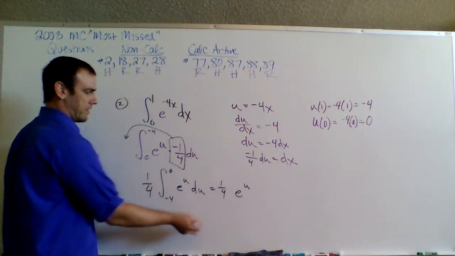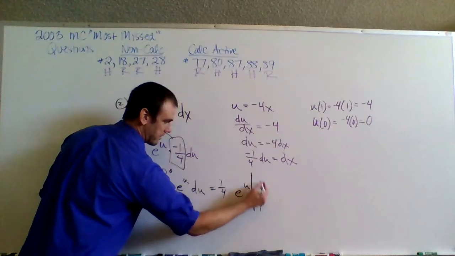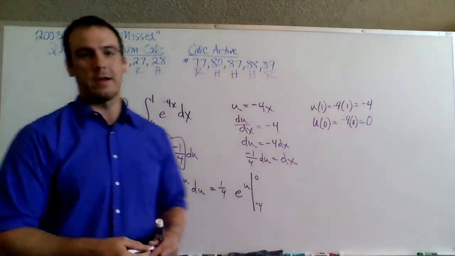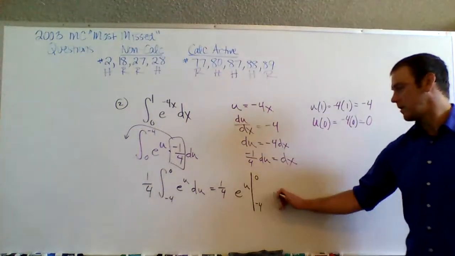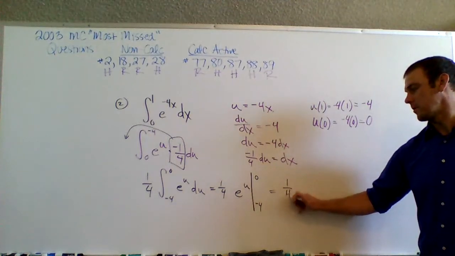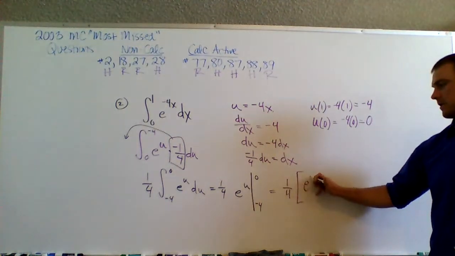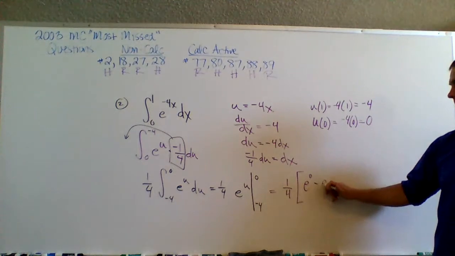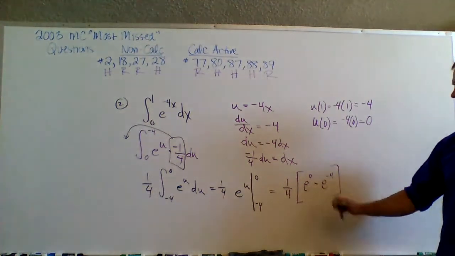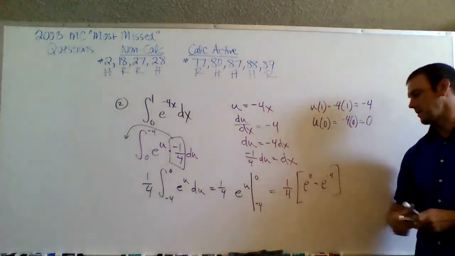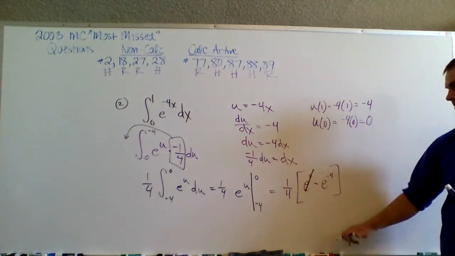I'm going to evaluate it now from negative 4 to 0. So all I got to do is plug in my points. I got 1/4, e to the 0 minus e to the negative 4. Okay, maybe you want to say e to the 0 is really going to be 1 here.